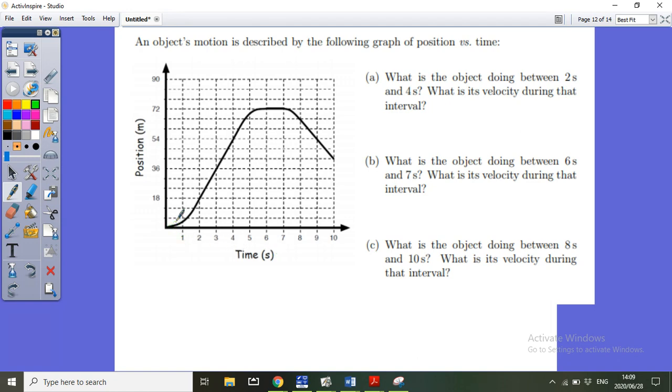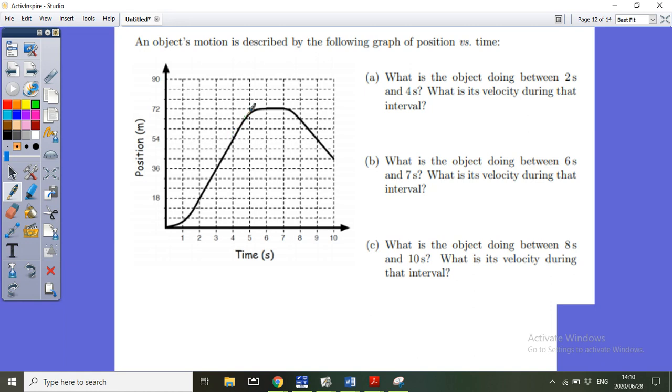Now, if I look at this graph here, it is the position, the gradient is not constant. The gradient is increasing. So therefore, my velocity is increasing. If you look at this little bit here, straight line, if you want to make sure it's a straight line, put your ruler on it, then you know it's a straight line. So for that little bit of straight line there, my gradient is constant, therefore my velocity is going to be constant.